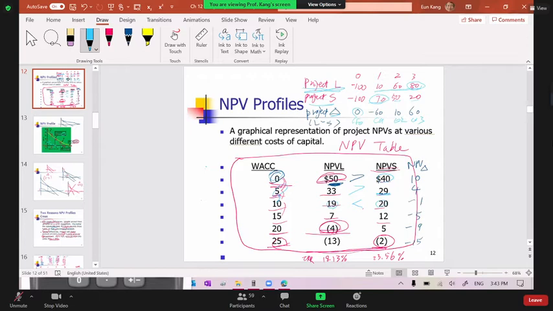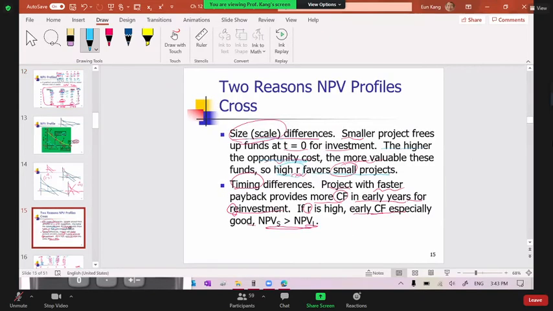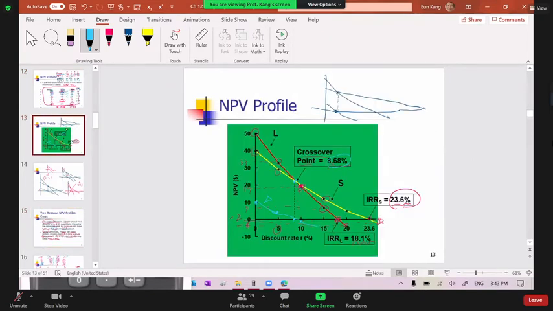So $10 more cash flow. So with no discount rate, 50, and with a very low discount rate, NPV is still bigger, right? So this project L and S has some slight hint of size and timing, right? So that's why there is crossover, right?